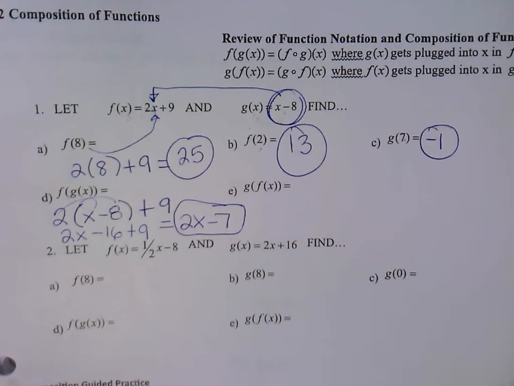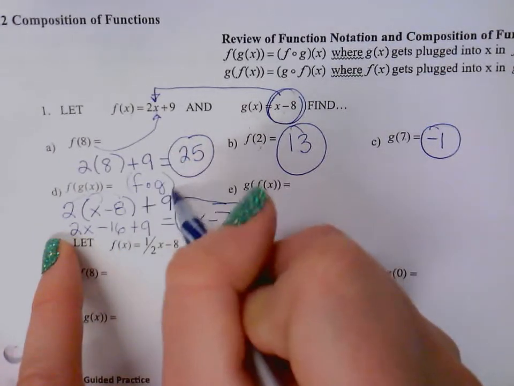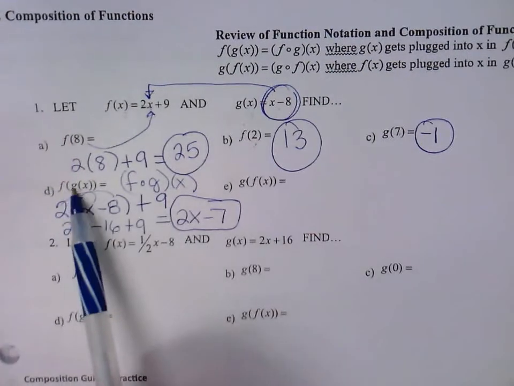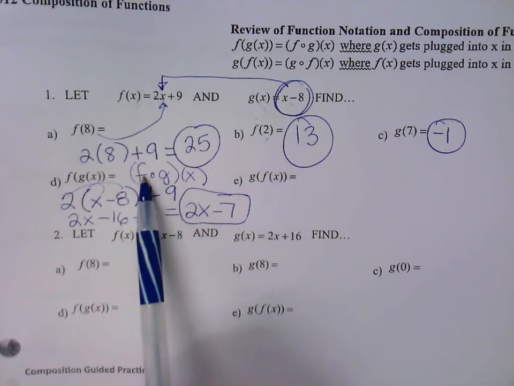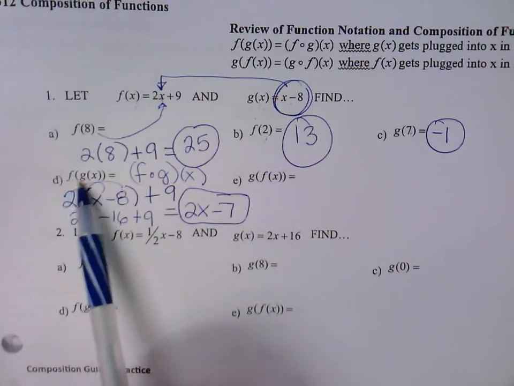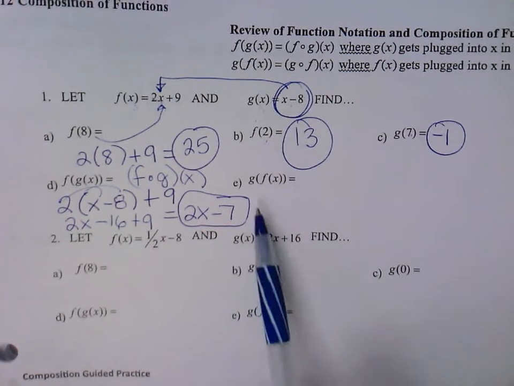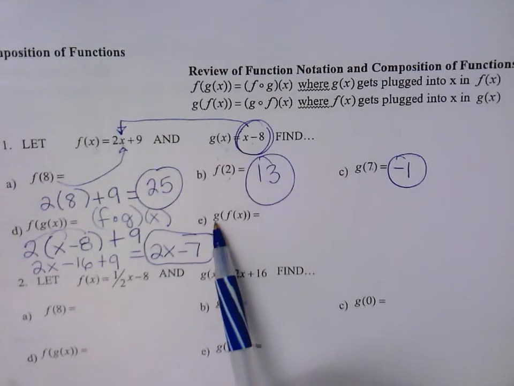I could have written it f of g of x. I wrote it this way with the parentheses, but f of g is what I just did. The one that comes second is the one that's inside the function. So now we're going to do it in the reverse order. So now f is on the inside.